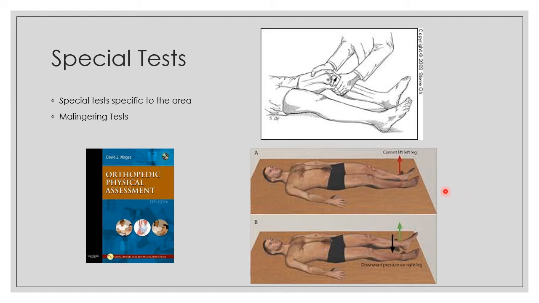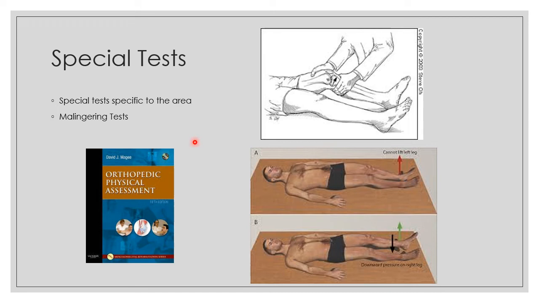When you ask the patient to lift the affected leg, if it's really weak, the patient will usually try to compensate by pushing down on the other leg. That's a good sign. Malingerers usually just pretend that they can't lift their leg.